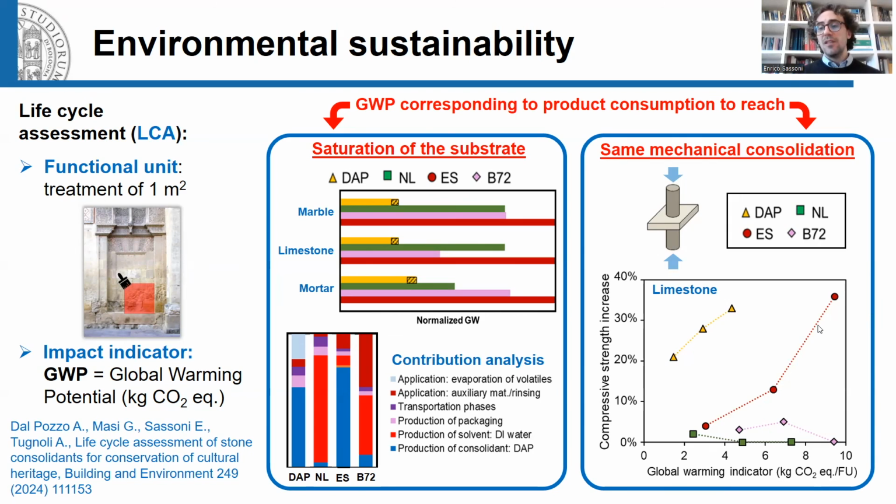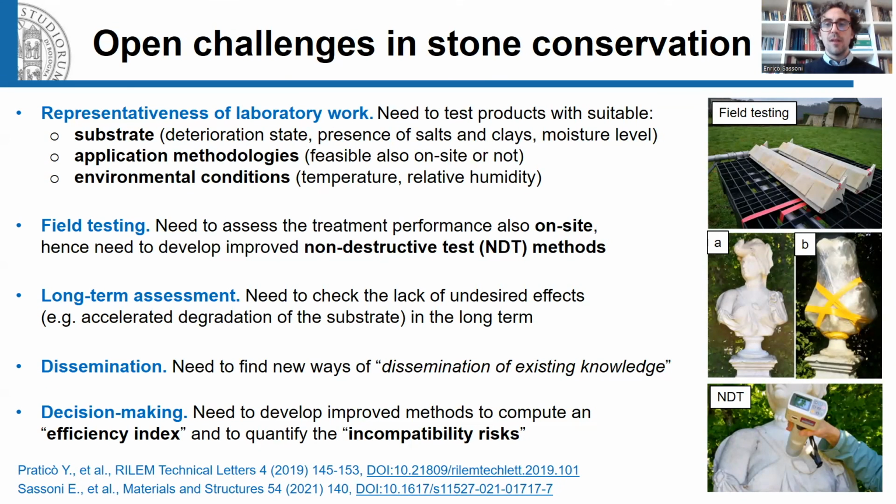In this specific case, ethyl silicate was the only alternative consolidant that was able to reach the same level of mechanical effectiveness. But in the case of ethyl silicate, the global warming potential was basically twice as much compared to DAP.